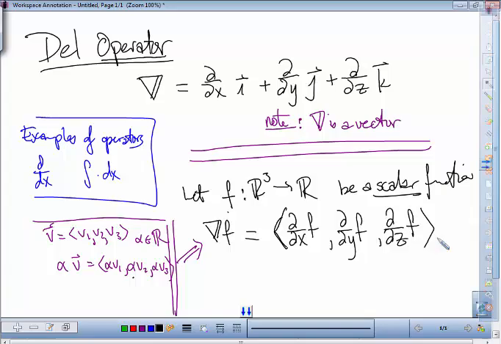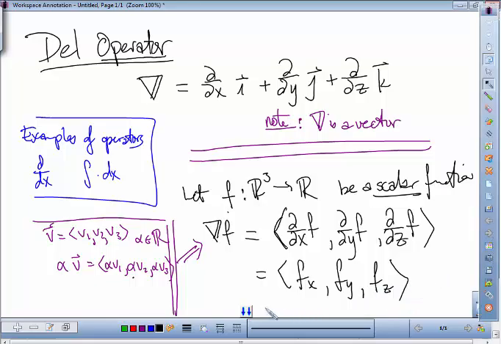So then we have what we know as our gradient. I'm going to change notation again. The subscript x, remember, is the partial with respect to that variable: fx, fy, fz is our gradient. So it's the same gradient that we've seen before, except I'm reintroducing the gradient via this del operator now.